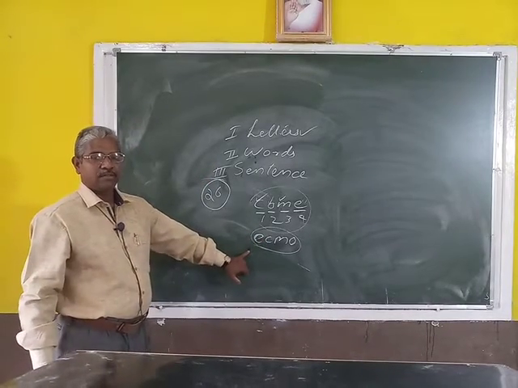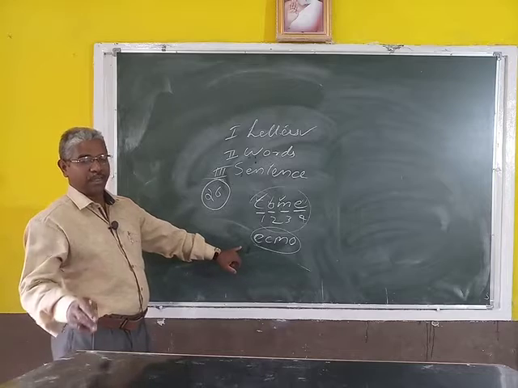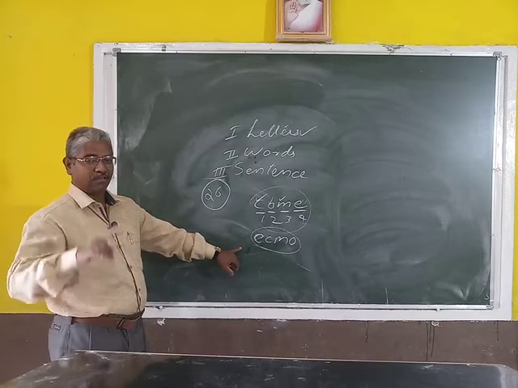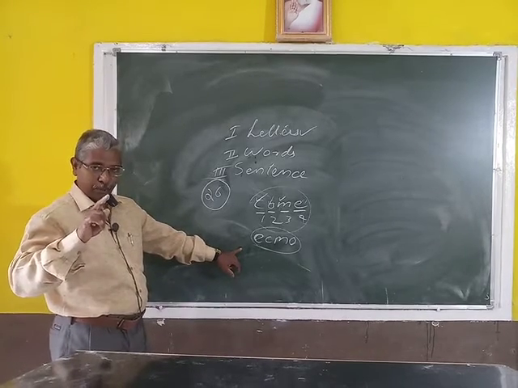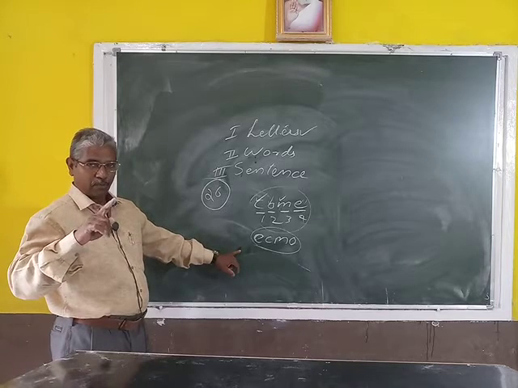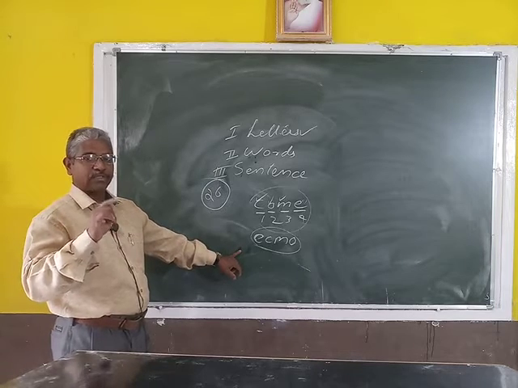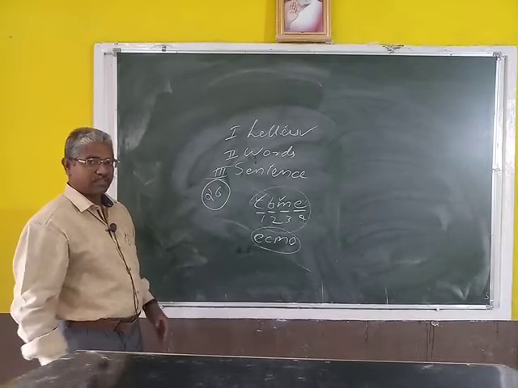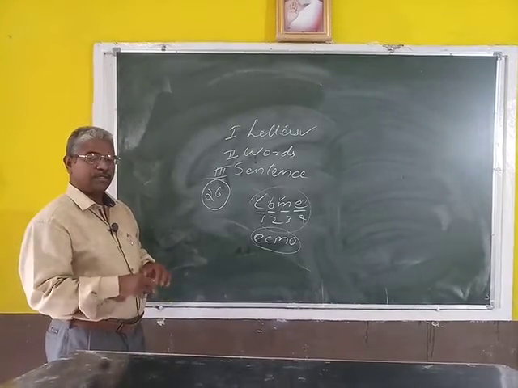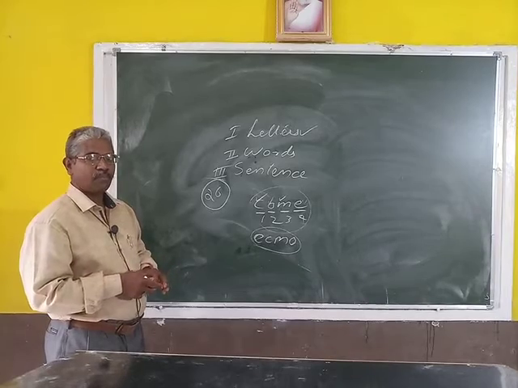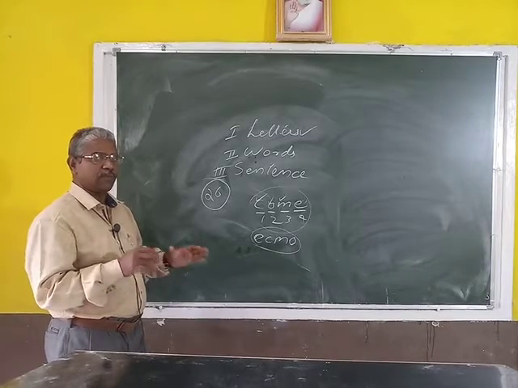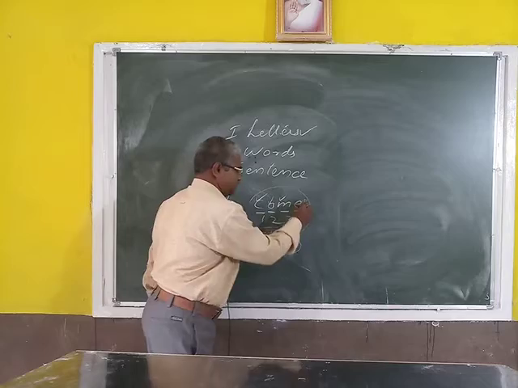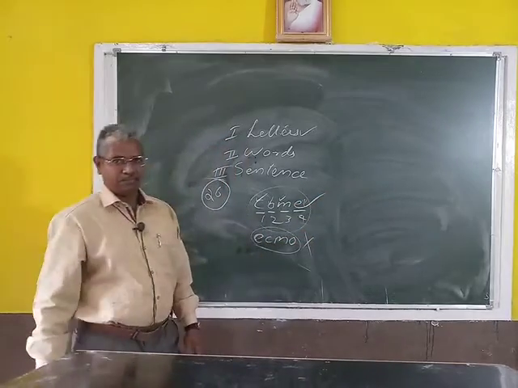So, a word should give a meaning to us. Every word should give a meaning to us. A word is a group of letters which gives us a meaning. That is the definition of word. A word is a group of letters. It gives us some meaning.